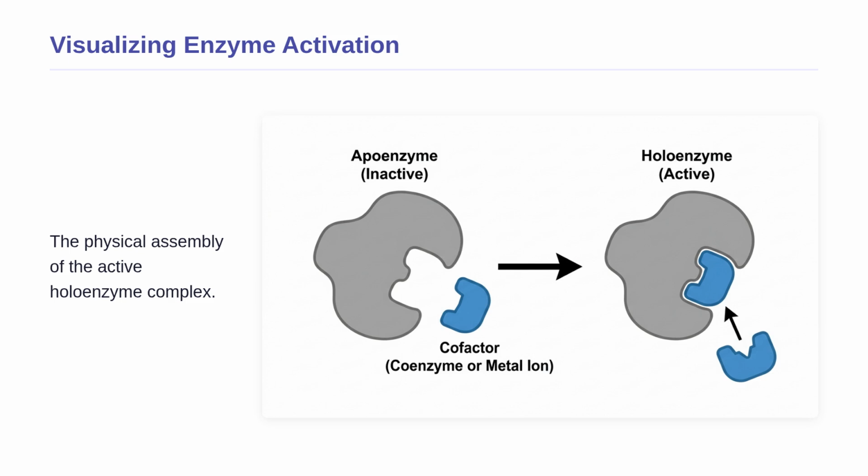Following the arrow to the right, you see the holoenzyme. The cofactor has slotted perfectly into the apoenzyme, changing its state to active. Because the cofactor is now in place, the enzyme is finally ready to accept the substrate, shown at the bottom, and perform its chemical reaction. This physical binding is the core of enzyme activation.